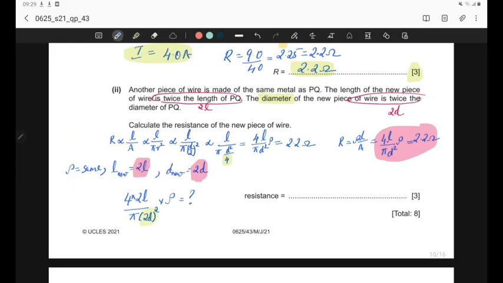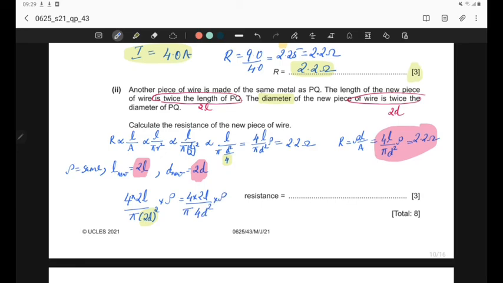When we open the bracket, we get 4 times 2L over pi times 2 square, that is 4d square, times resistivity.